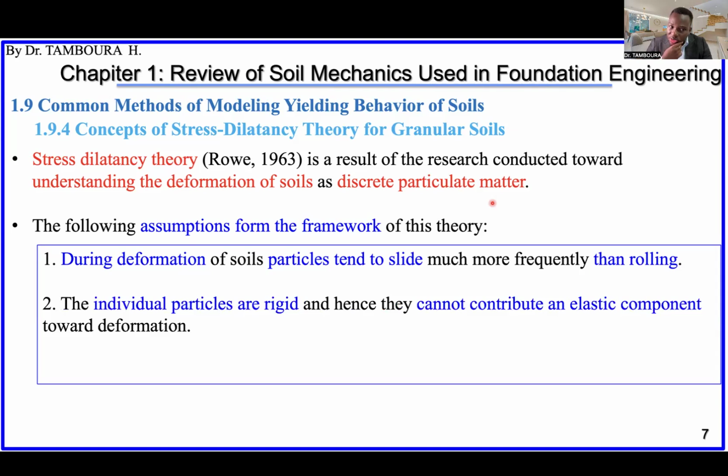The second assumption is that the individual particles are rigid and they cannot contribute an elastic component to our deformation. The last assumption is that instant sliding is confined to some preferred angle. So it means the sliding direction is going in a preferable angle.